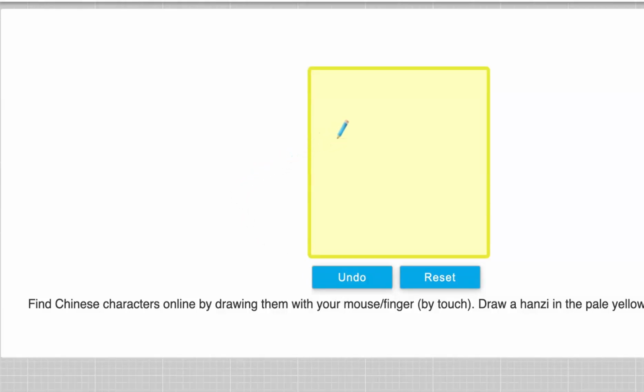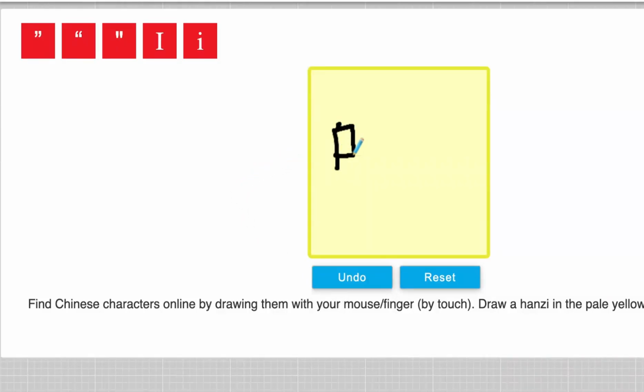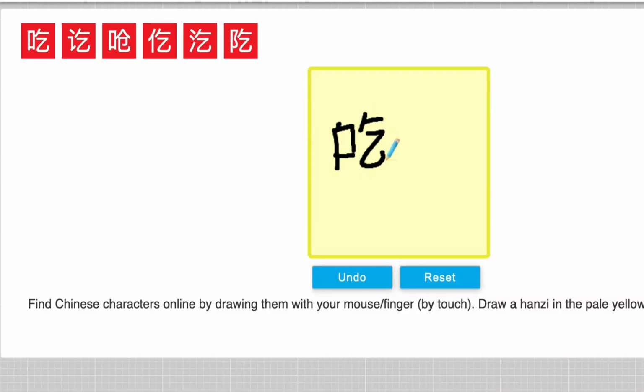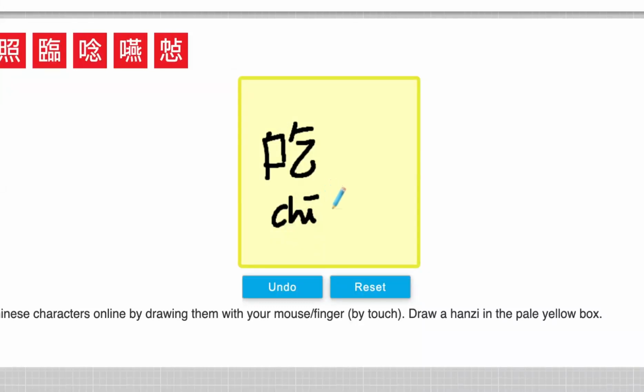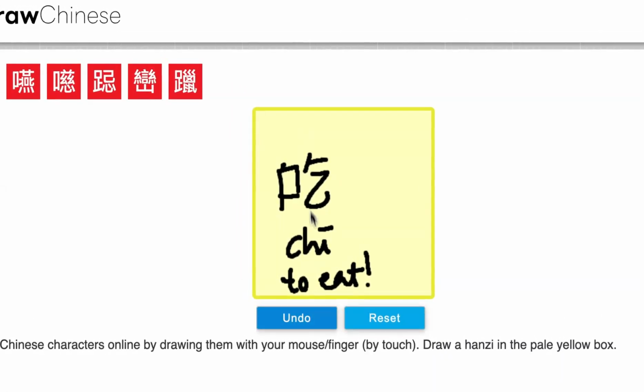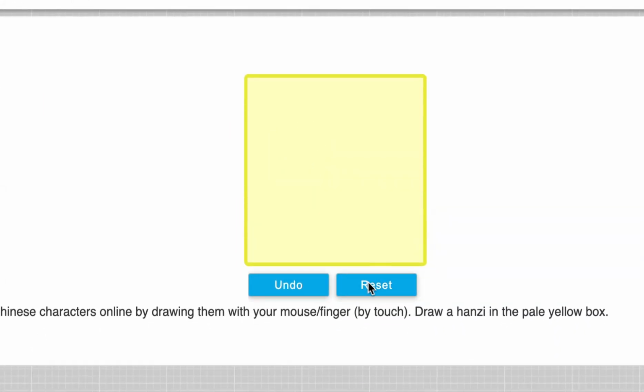And a very important verb in this category is this one. This is called chi, first tone, flat tone, chi, which means to eat. Very important. So if you want to say I want to eat Chinese food, how would you say that?